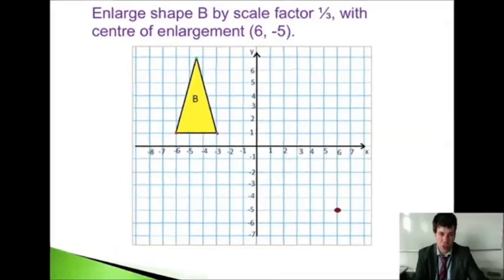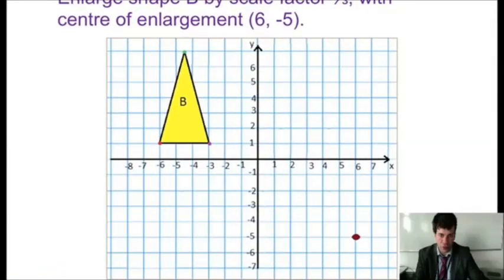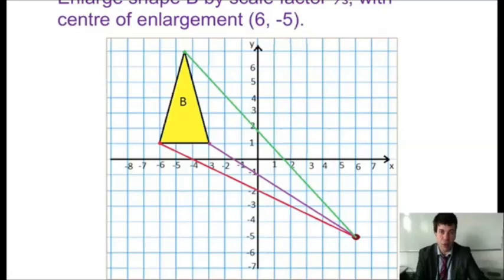What distances are each of these vertices from the centre of enlargement? We can count how many squares along to the left and how many up to each vertex, spotting that the scale factor is not 3 but 1/3. So rather than having the image vertices 3 times as far compared to the object, it should be 3 times nearer, or if you like, each side will be 3 times smaller compared to the object.